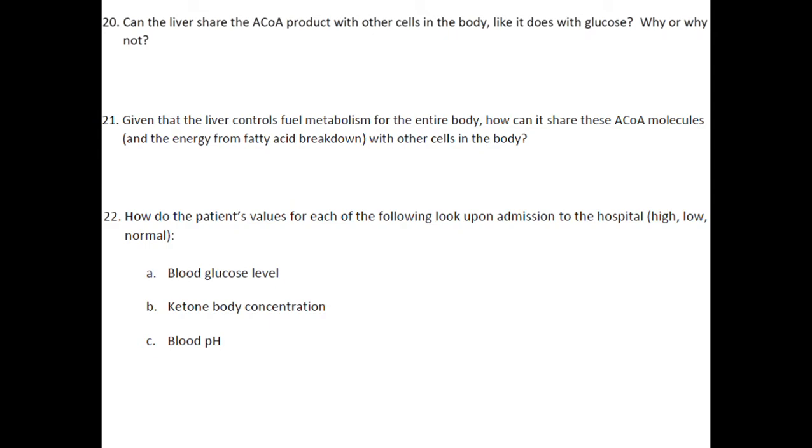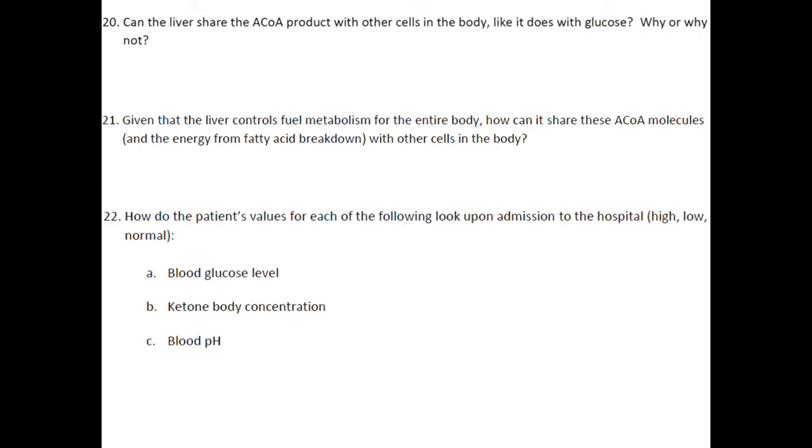When glucose is regenerated in the liver, it will be released in blood. Okay. But how about acetyl-CoA? Can we release acetyl-CoA for other cells? Actually, we cannot.